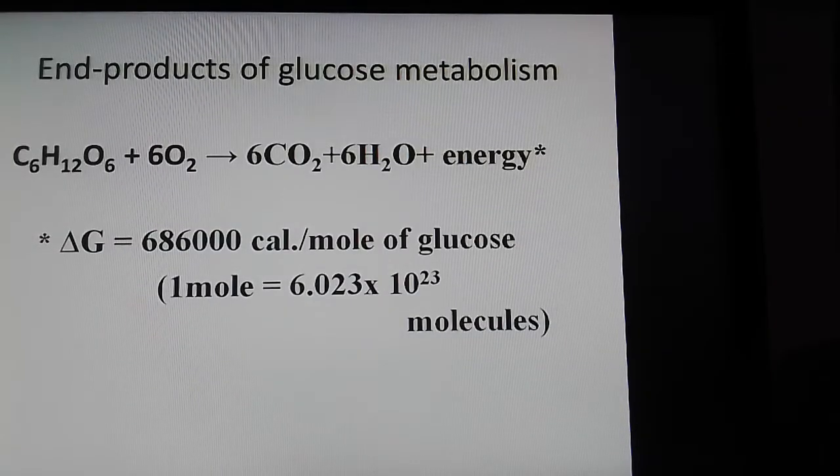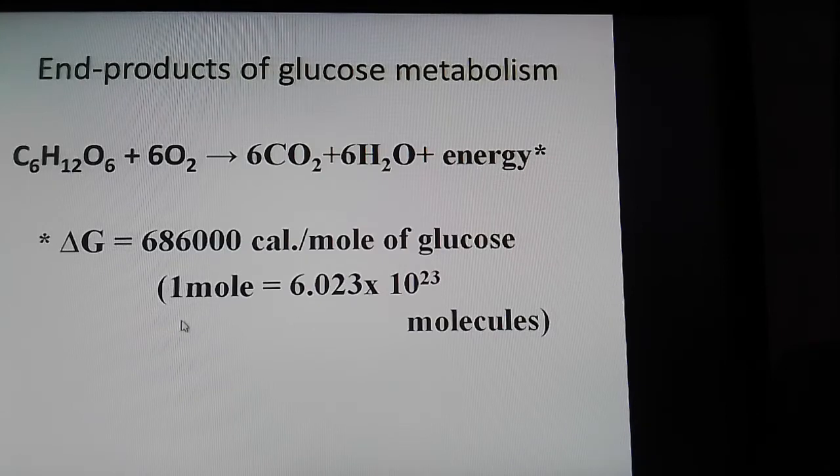And here we have given an overall idea about the total amount of energy formed out of the metabolism of glucose. You may be knowing C6H12O6 stands for glucose, and by the involvement of oxygen, glucose will be metabolized into carbon dioxide and water and the resulting energy.